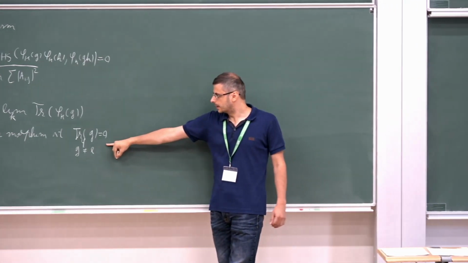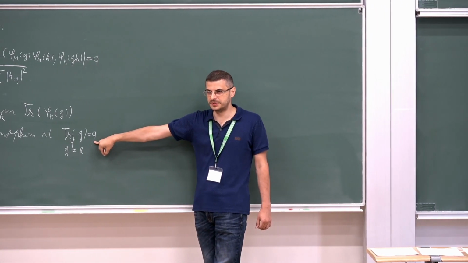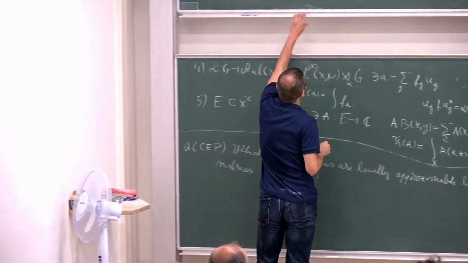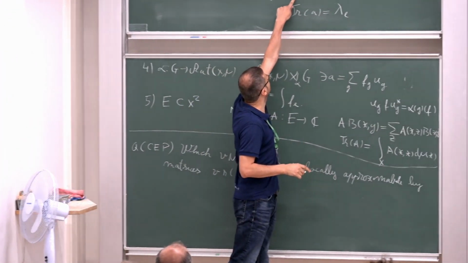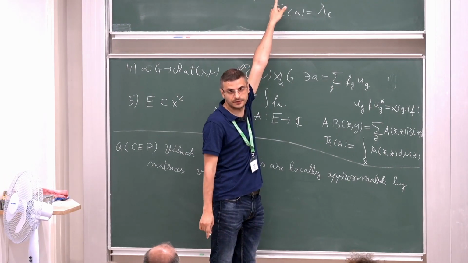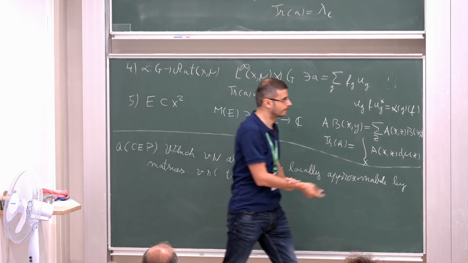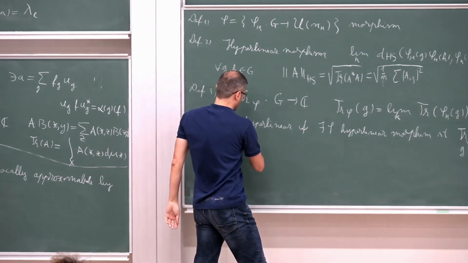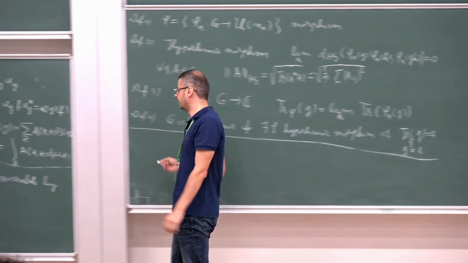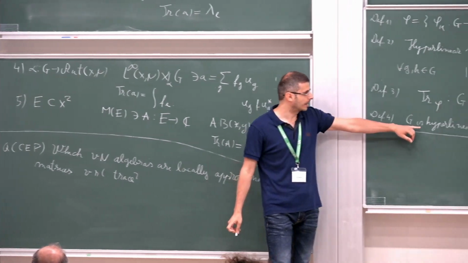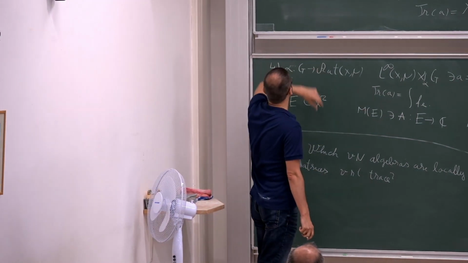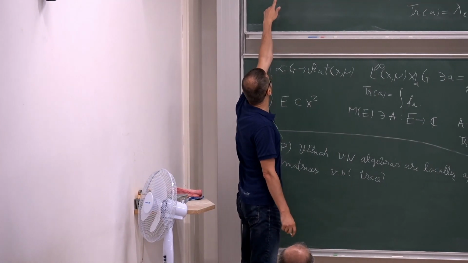Why am I calling this property trace preserving? Because if you look at the trace on the group algebra, you'll notice that the trace of each unitary u_g corresponding to a group element is 0 if g is different from the identity. So we know that the Connes embedding problem is false, but we still don't have an example of a non-hyperlinear group, meaning we don't know if one of the counterexamples to this question is of this type.